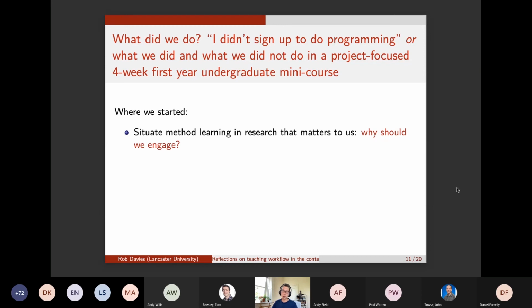So where I started was with what you might call folk theory ideas about how you have to teach statistics or research methods in R. And these are ideas I've built up since starting to teach it formally in 2014. So I think you need to situate method learning in research that matters to us, to the students. So why should we engage?